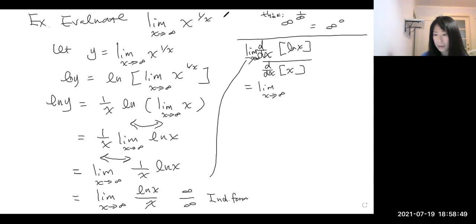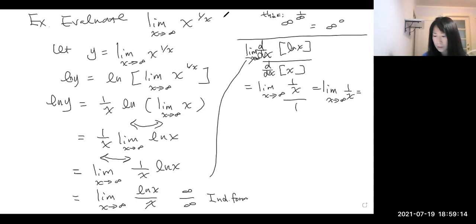Derivative of ln x, 1 over x. With derivative of x, what is it? 1. So then we have 1 over x, which is 1 over infinity. What do you get?